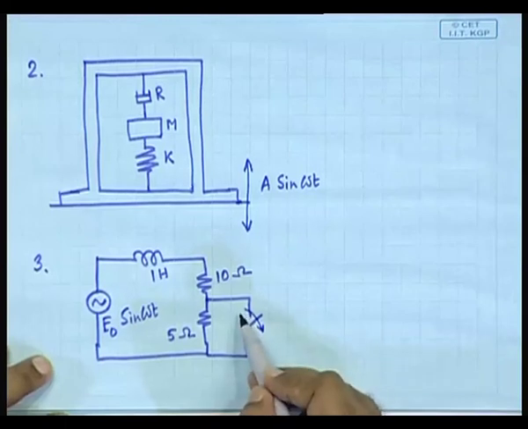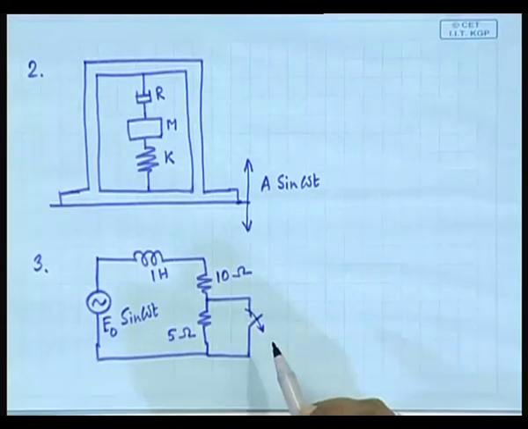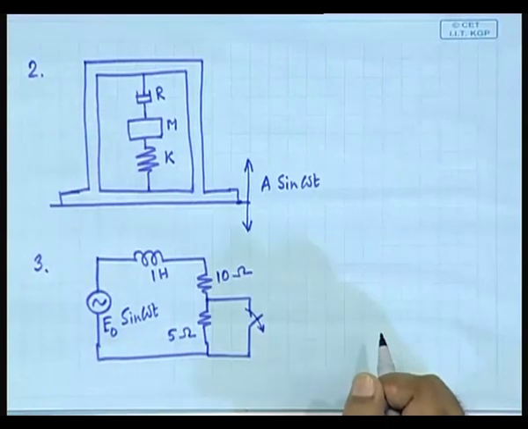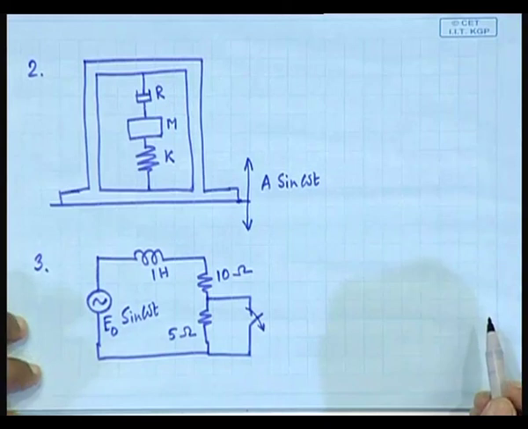It was closed for a long time and opened at t is equal to 0. What will be the equation for the current? How will you do it?